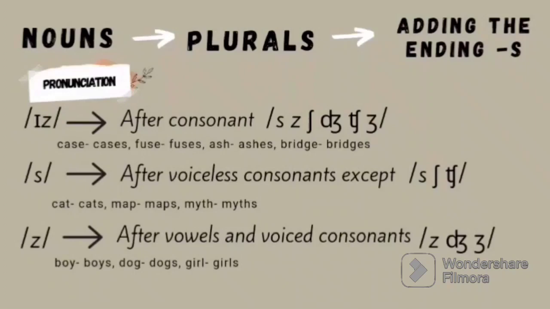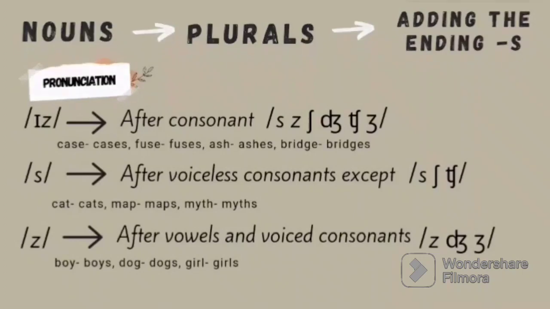Boy, boys. Another example is the word dog. In its pronunciation, the word dog ends with the consonant sound g. So, to express plural, we add the z sound. Dog, dogs.